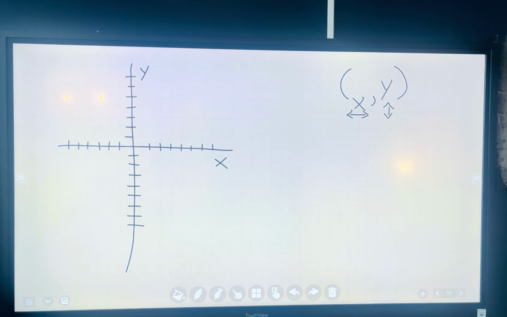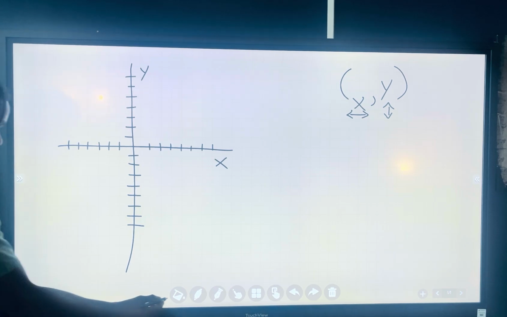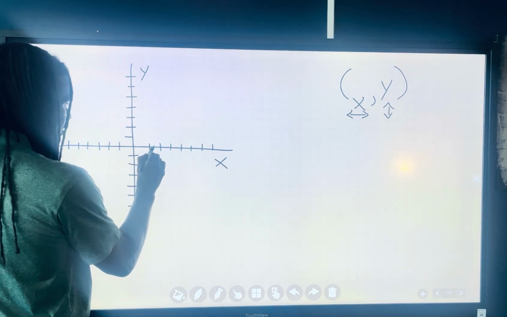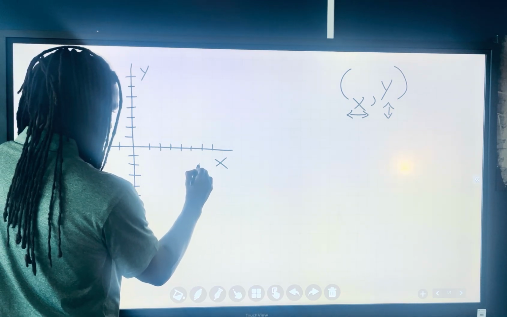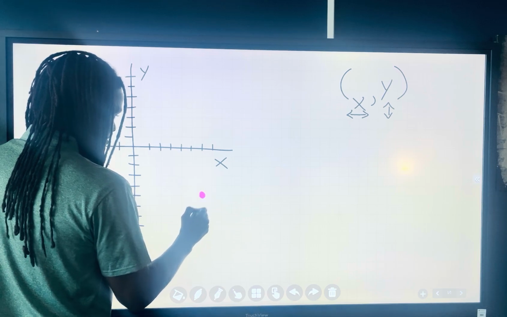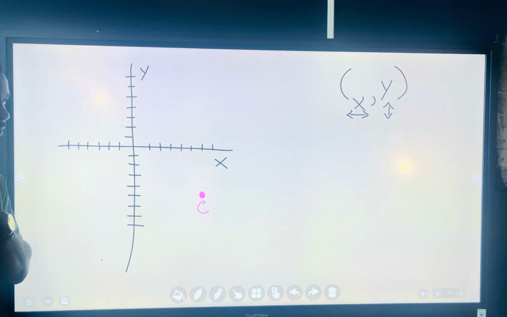So we got a coordinate plane with a line segment on it, and the first one is line segment C to D. The first line segment is going to be on 1, 2, 3, 4, 5, 6. 1, 2, 3, 4, 5. This is point C, and you're going to give me the coordinate in a second.